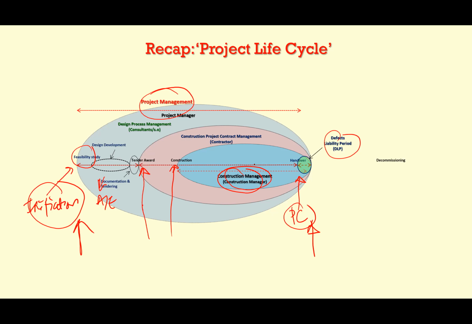What we are talking about in this subject falls under construction management, where when we talk about the construction site, it is inside this construction management phase, during the construction of what is asked for in the contract document.